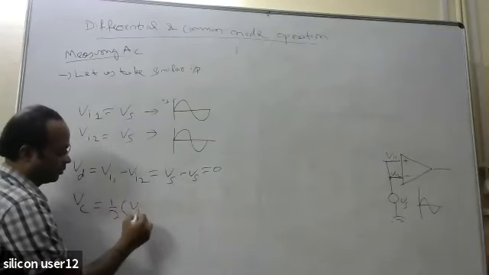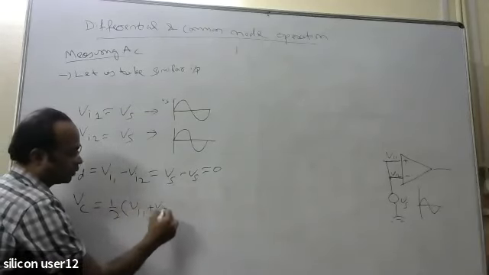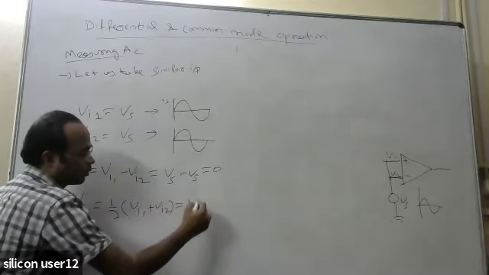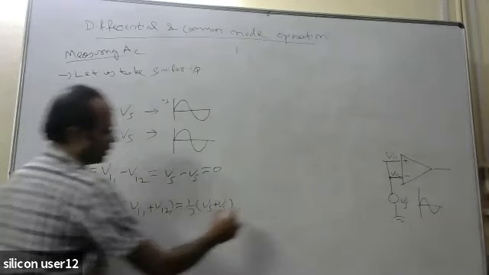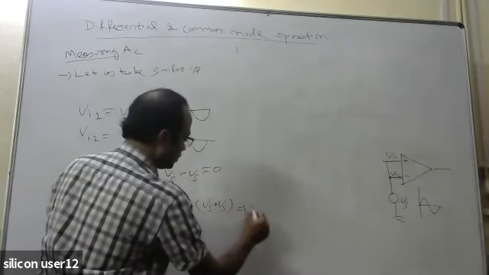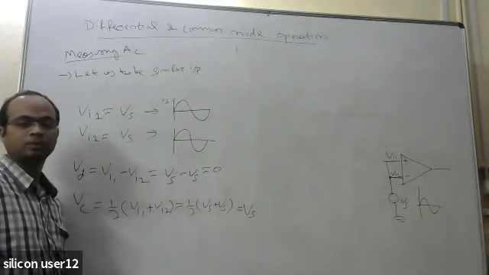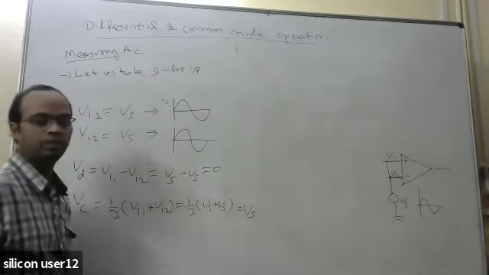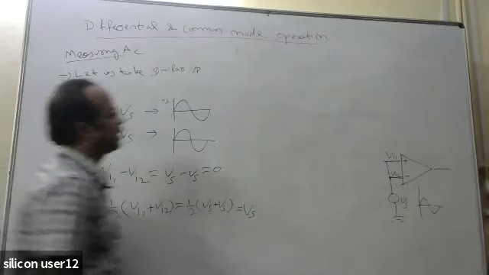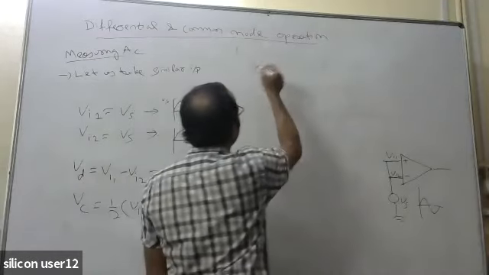Half of Vi1 plus Vi2, equal to Vs plus Vs by 2, which is equal to Vs. Now apply this in the previous equation.